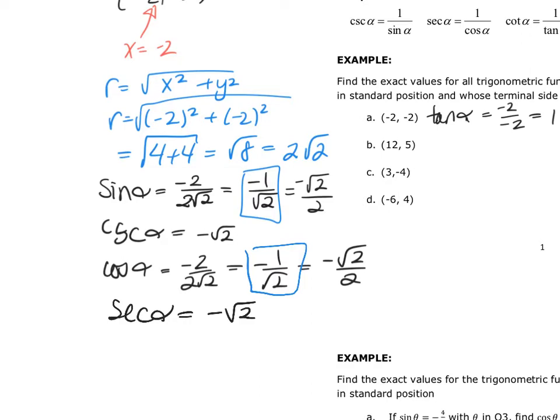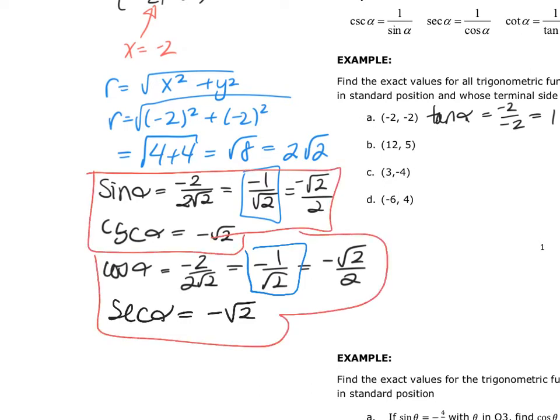Cosecant is a reciprocal of sine. And you'll notice when I write these, I write them together because they belong together: sine and cosecant, cosine and secant.